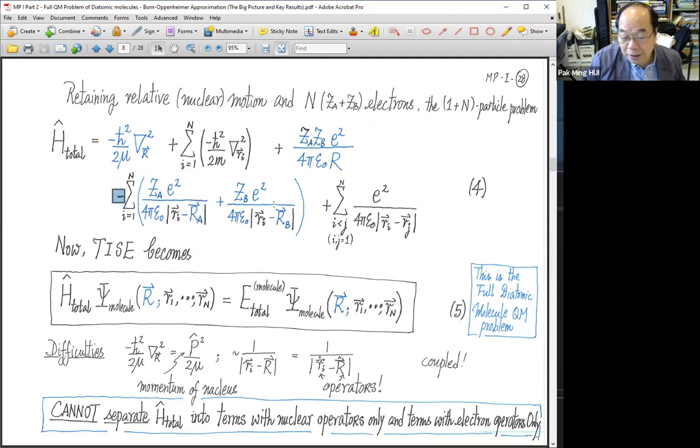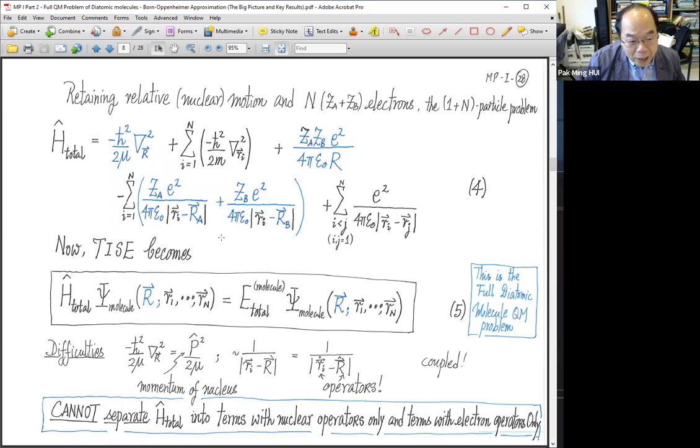Each electron sees nucleus B, which is also attractive. And there is also electron-electron repulsive Coulomb energy. So these are all the energy terms in the Hamiltonian. Remember, Hamiltonian is kinetic plus potential energies.